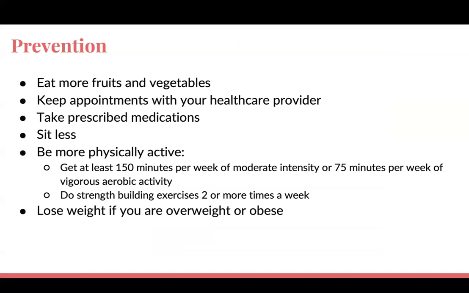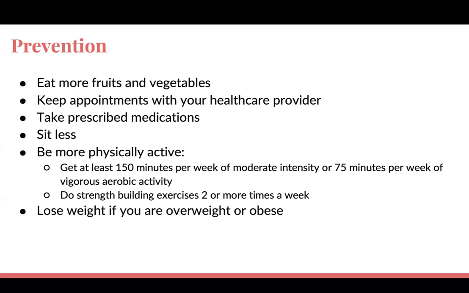So there are a lot of ways that you can prevent yourself from getting hypertension. It can be dietary things such as eating more fruits and vegetables, keeping up with your appointments with your healthcare provider, taking all prescribed medications, trying to stand up as much as you can, and not remaining sitting for long periods of time.